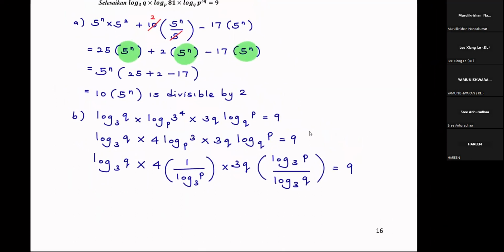Okay, guys. Now, 3P and 3P can cut. Oh, tinggal tu saja. 4 12Q. $304.